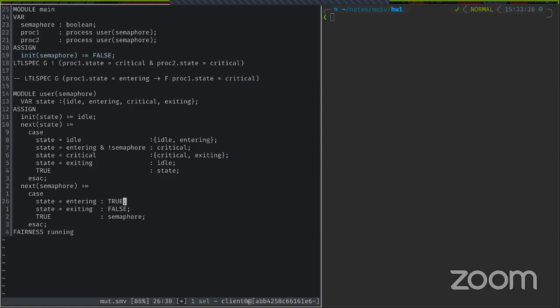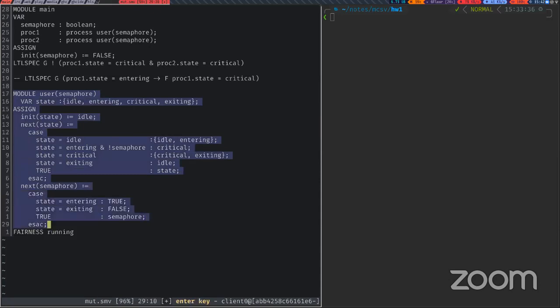The way the semaphore advances is if the state of the process is entering, then it's set to true, and if it's exiting, then it's set to false. In any other case, it remains at its current value. So this is an example of one way you might implement mutual exclusion for two processes.